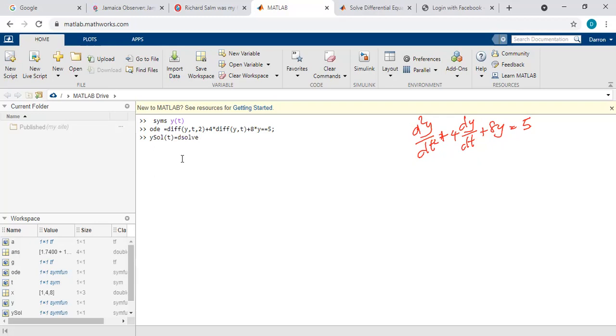We want to solve the ordinary differential equation above. And here we have our solution. Once again, we didn't put in the initial conditions, so therefore it's going to give us a general solution.